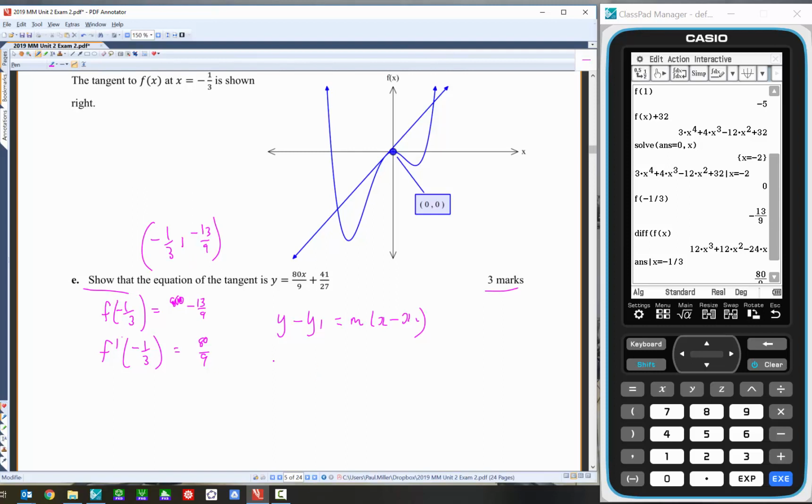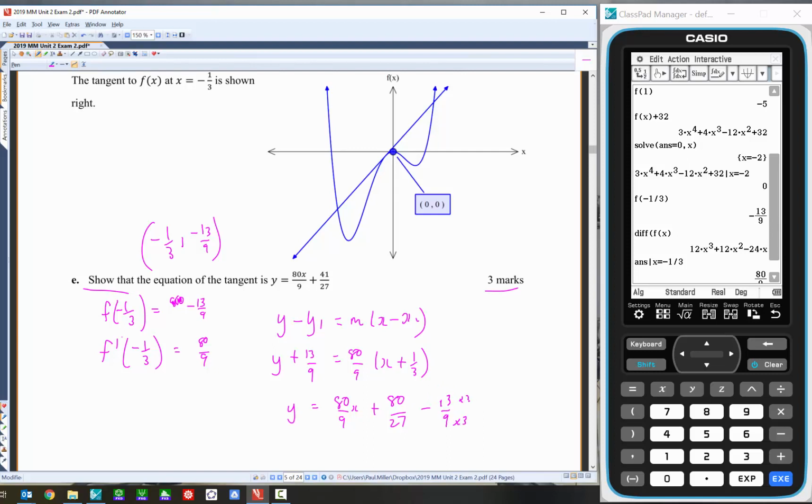So what we're going to say is we've got y take away negative 13/9, so y plus 13/9 equals m, which is 80/9, times x take this one here, so x plus 1/3. Right, y equals 80/9 x plus 80/27, take away this value here, 13/9.